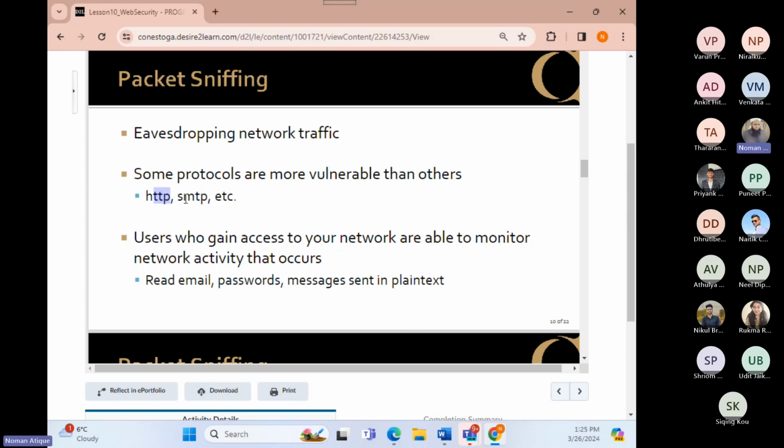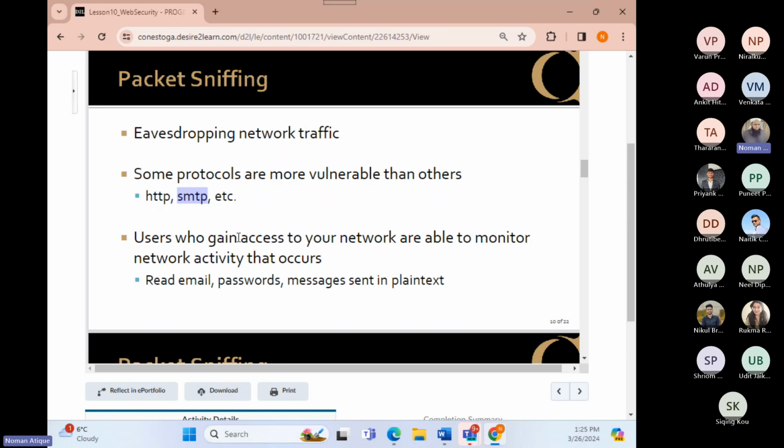In the same way, SMTP, Simple Mail Transfer Protocol, is also vulnerable and allows eavesdropping. Users who gain access to your network are able to monitor network activity, read mail, passwords, and messages sent in plain text.